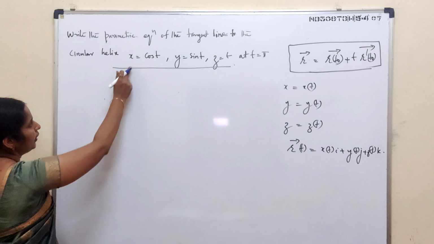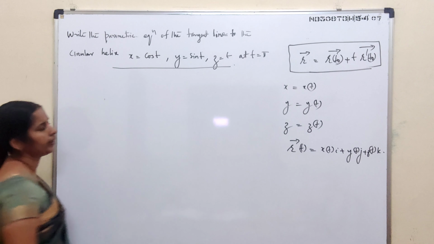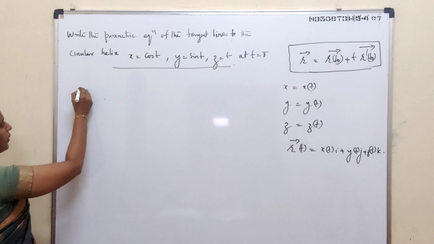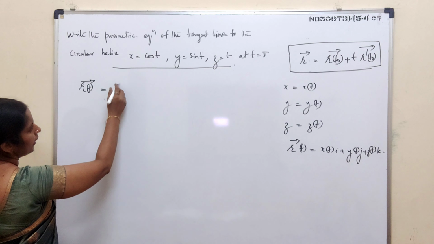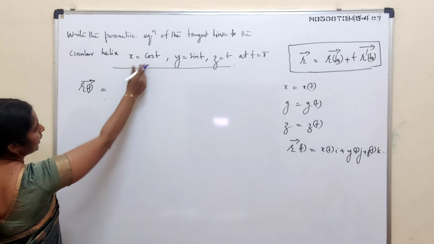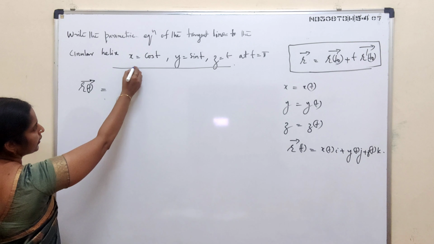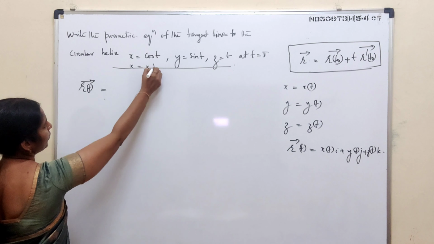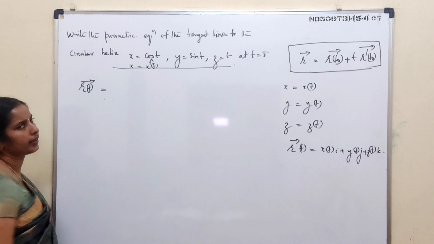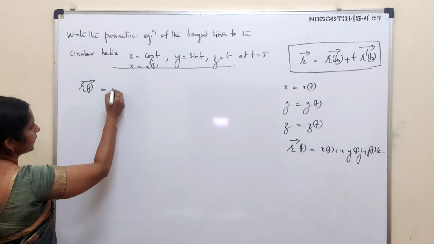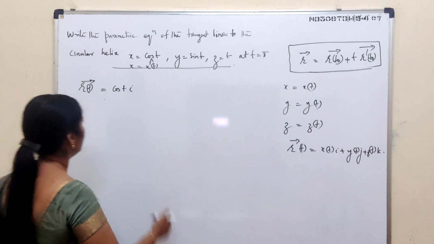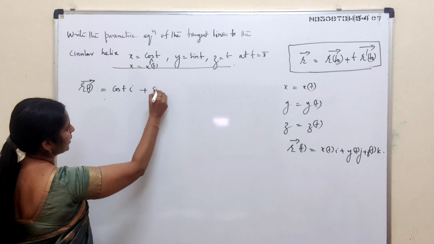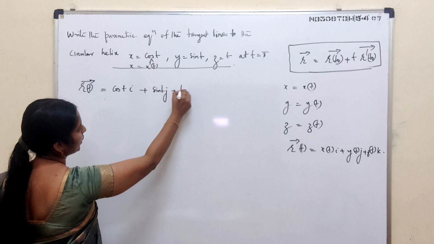Here x is cos t, y is sin t, z equal to t. What is x of t? It is cos t. So r(t), its representation, is cos t i plus sin t j plus t k.